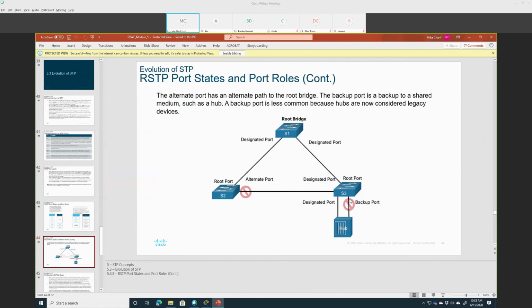So if you have a hub here and you have a link here and a link here, then one of them is going to be blocked. We call it a backup port. But I hope nobody will have hubs anymore in the network, because they cause more harm than good.